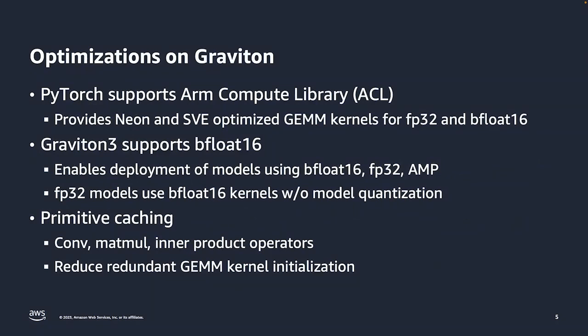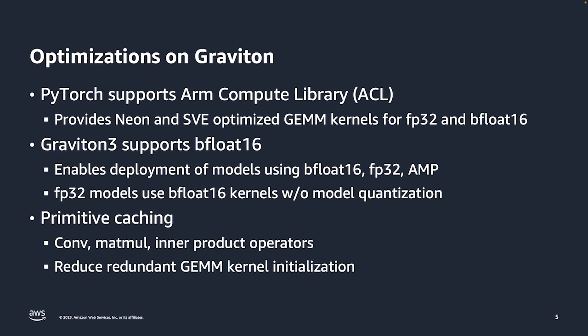So how are these optimizations and the performance increase on Graviton possible? It's a combination of PyTorch 2.0 improvement from its previous version, as well as some new features that were added to Graviton 3 compared to its predecessor, Graviton 2. And PyTorch now supports ARM compute libraries, and the ACL provides Neon and SVE support, SVE optimized general matrix multiplication kernels for FP32 and bfloat16.